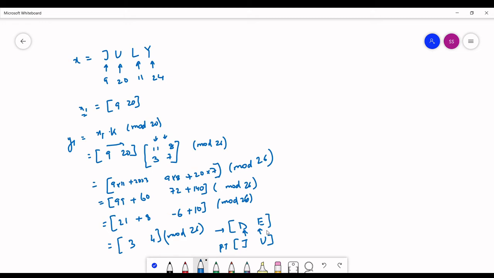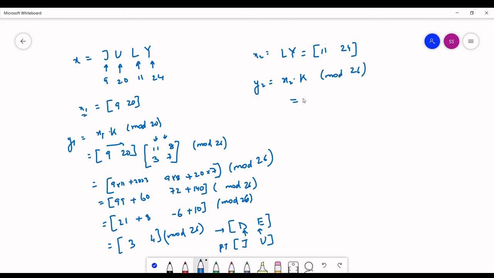I will show you the second part also, how to encrypt. That will make you understand better. So I'm encrypting the second part. For the second part, my x2 is L and Y, which can be written as 11 and 24. For the encryption of x2, I will do x2 into K mod 26.